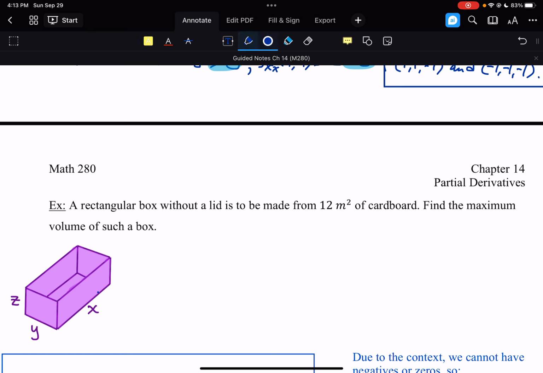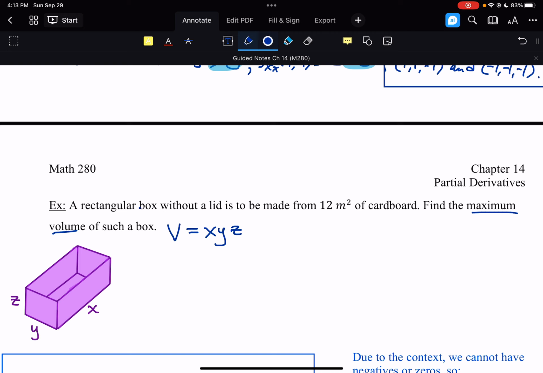I went ahead and put on side lengths x, y, and z. In order to find the volume of the box, so again, we're looking for maximum volume, that's going to be V equals x times y times z. So this is what we're trying to maximize.